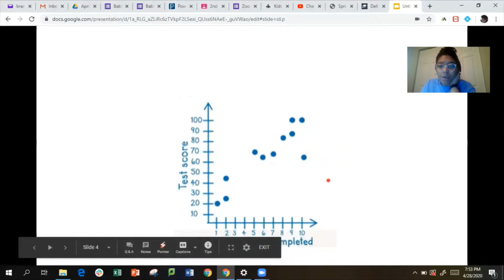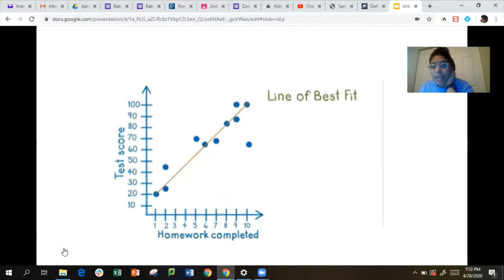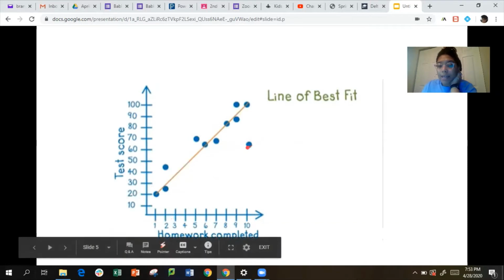So let's go ahead and look at this line here when we're drawing the line of best fit. So this is the same data. We still have the same outlier here, but the point of it is saying what line would look best or what would fit more for this scatter plot data. Like where would the line go through? So when we look at that, this is a positive correlated line.